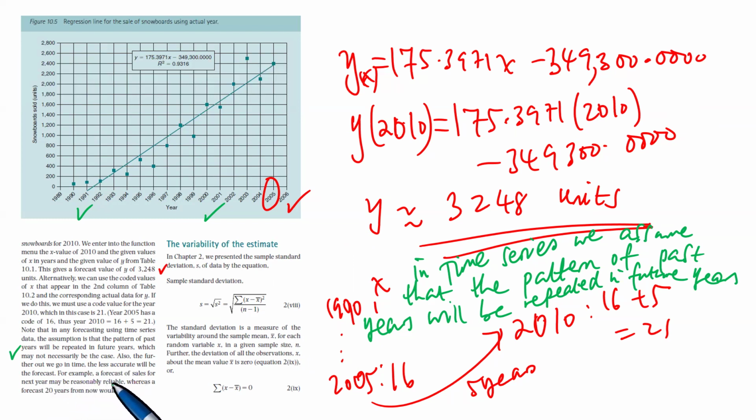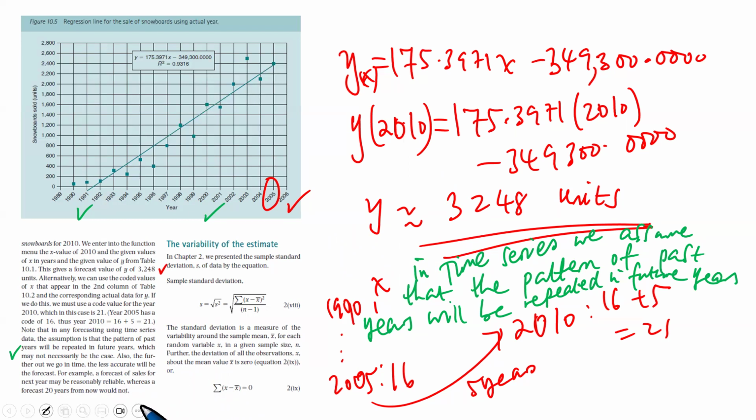For example, a forecast of sales for the next year will be reasonably reliable. The next year is more reliable than in 100 years. Because if you have a pair of shoes that are selling now for the youngsters, the Air Force and the All-Stars are selling, but in 100 years, somebody might not even look at the Air Force or the All-Stars.